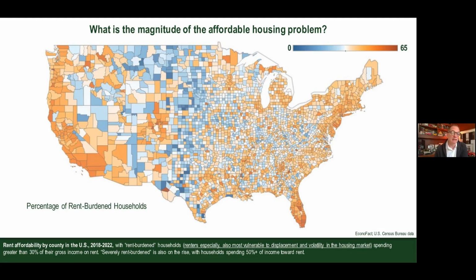So where they're spending an exorbitant amount of their personal income or gross income towards rent. So it's clear it's not just West Coast, East Coast, it's all over, in terms of this issue.